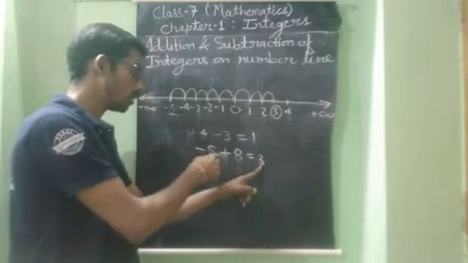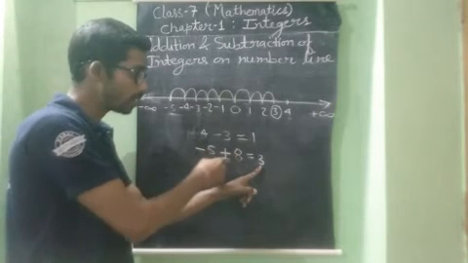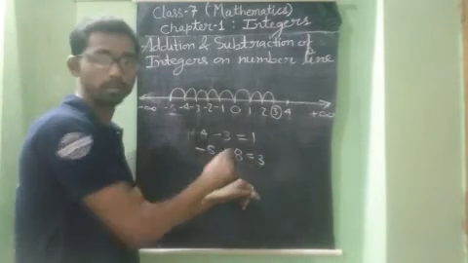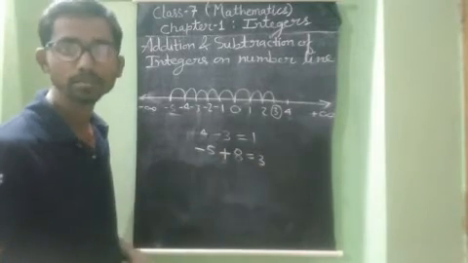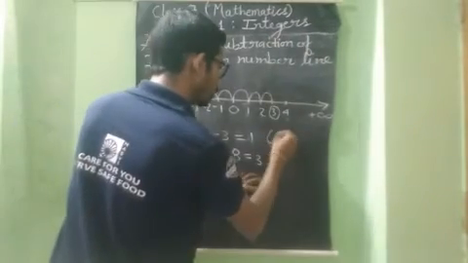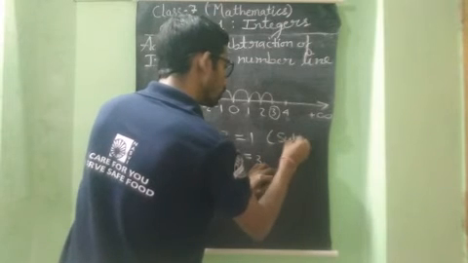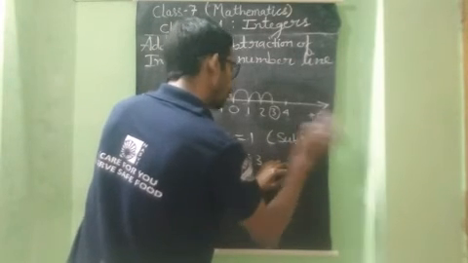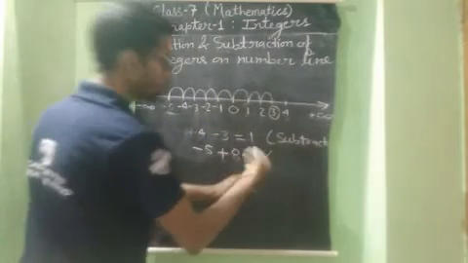Because 8 is bigger than 5 and 8 has positive sign, so there is a positive sign here, but plus is hidden here. So this is subtraction, and this is also subtraction.